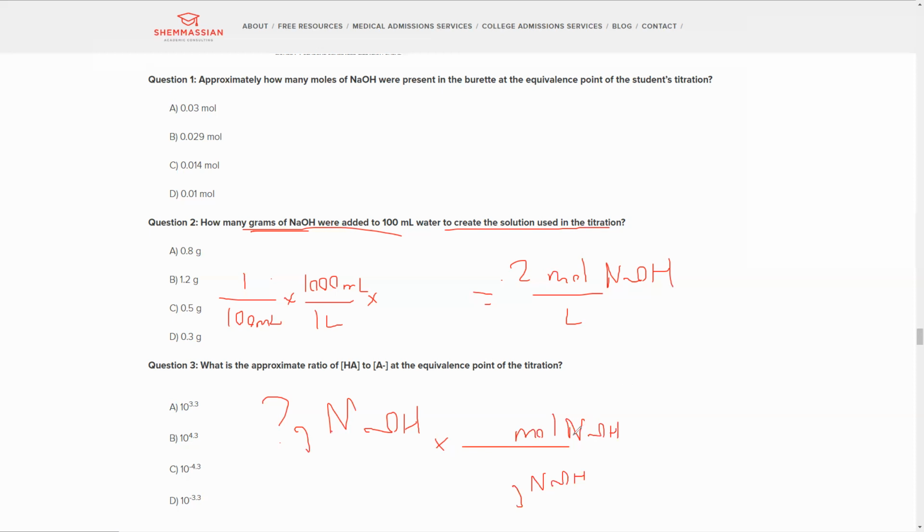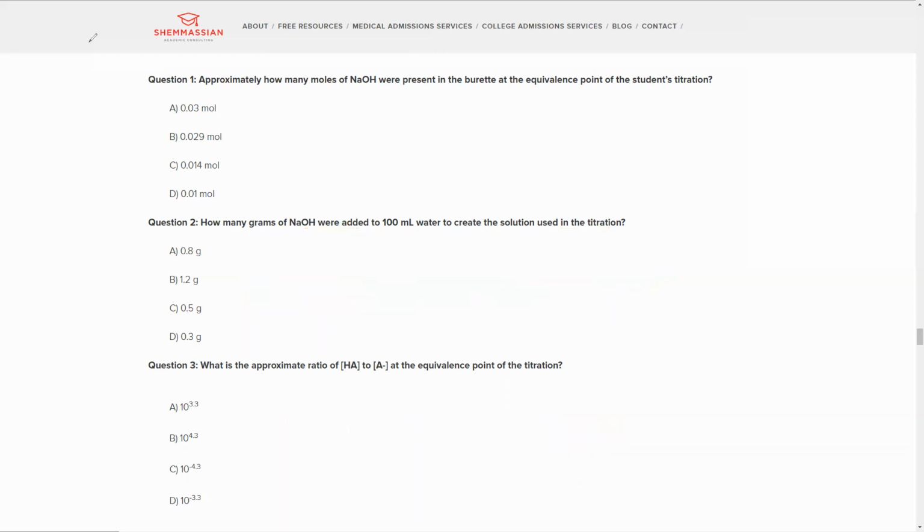How many grams of NaOH were added, or equal to, right? Well, liters, moles. Oh, okay, I got it. So, grams of NaOH. Working backwards.